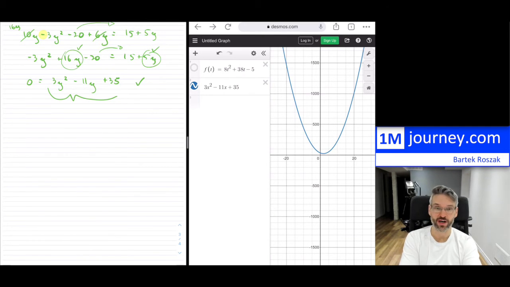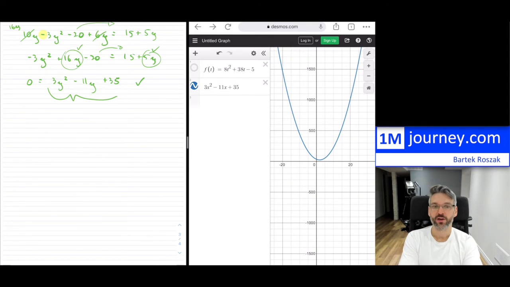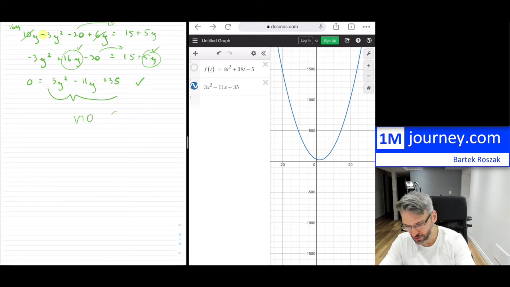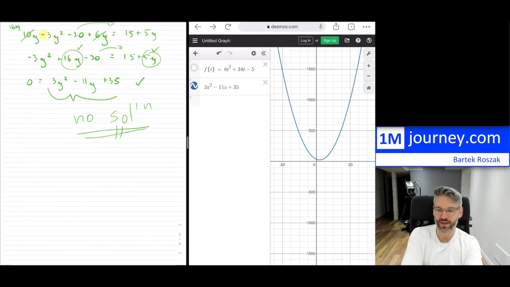And notice in here, the parabola does not go through the x-axis, so it has no x-intercept, so there are no zeros here. So this has no solution. All right, so that's how you would solve that.